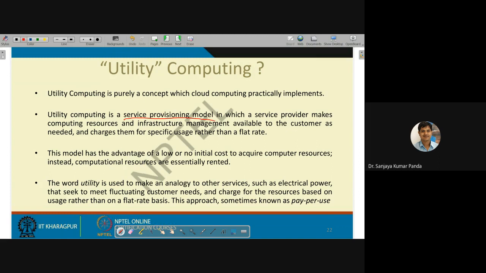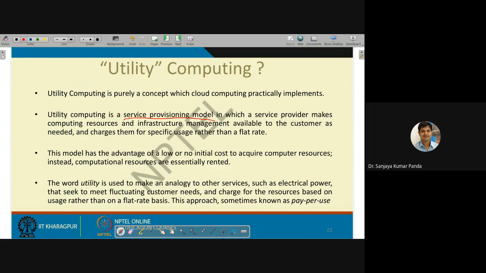The service provider has to return a reply to the user, right? So it is a service provisioning model in which a service provider makes computing resources and infrastructure management available to the customer as needed.